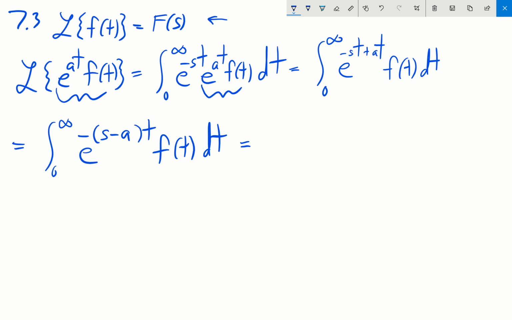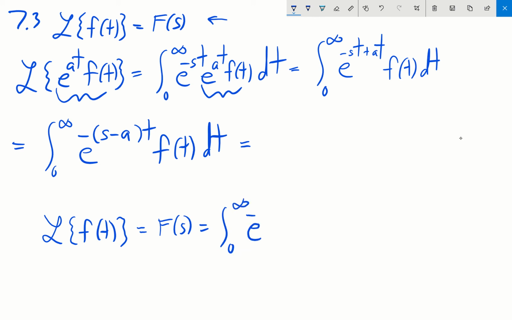Okay, let's come back for a moment. So again, in the definition of L of f of t, the thing that we're calling F of s, which is capital F of s, by definition was the integral from 0 to infinity of e to the negative st f of t dt.